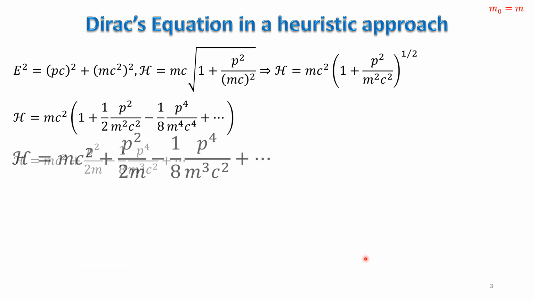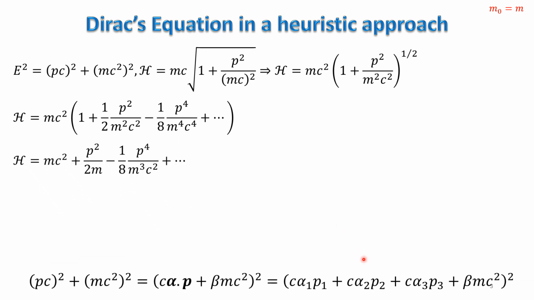Fine. We are going really a step ahead with this approach. Now my objective is this: E squared is equal to p squared c squared plus m squared c to the power 4. This is a squared plus b squared I am writing, and this I am trying to write as (a plus b) whole squared, kind of. So the most linear expansion of this pc can be some constant alpha times p.